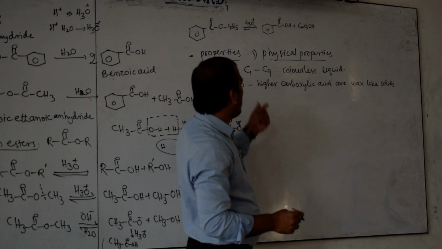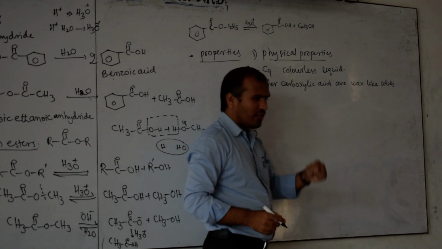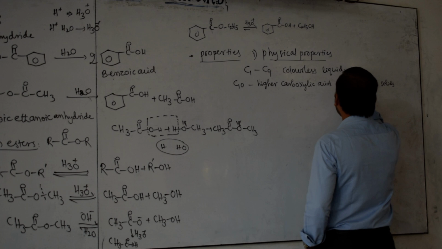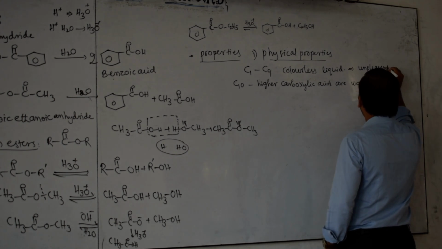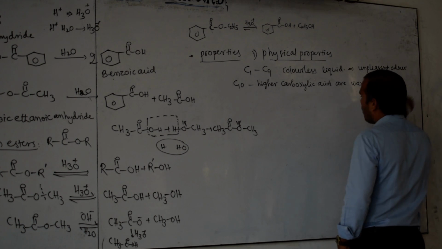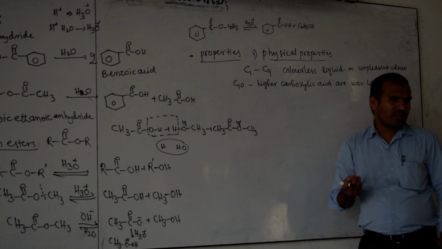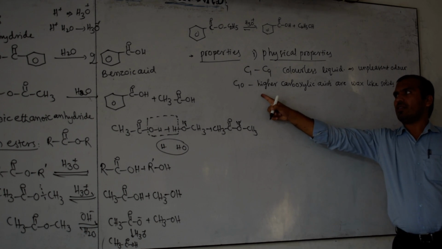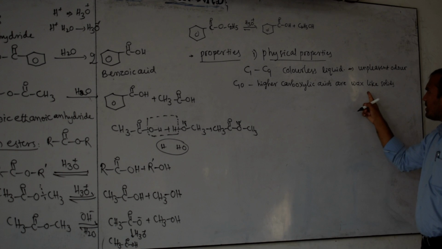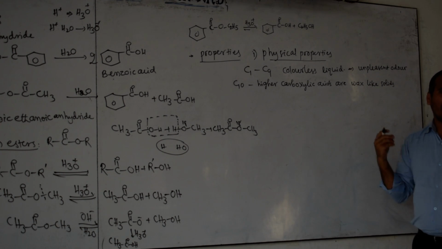But keep in mind, C1 to C9 colorless liquids have an unpleasant smell, unpleasant odor. Instead of using smell, you have to use odor. But C10 and higher carboxylic acids do not have any smell.